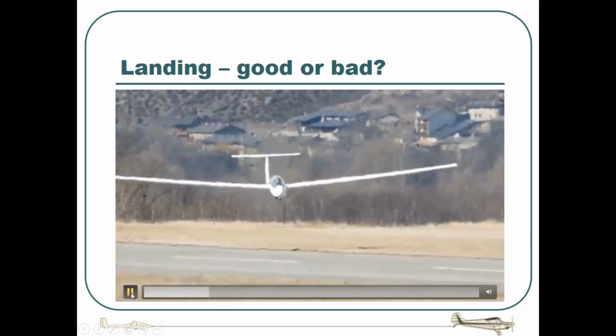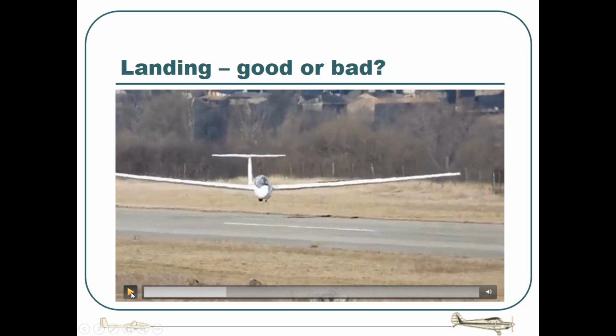And then, of course, we come down here to the flare, and you can see the attitude he's in. Well, he's not really slipping, though, Neil, because he would need to have the wing down. He is kind of slipping, but he's skidding is what he's actually doing. So he's kicked a bit of rudder over. The airplane is pointing in the wrong direction, and it is going sideways through the air.